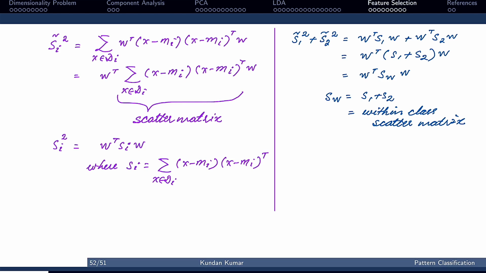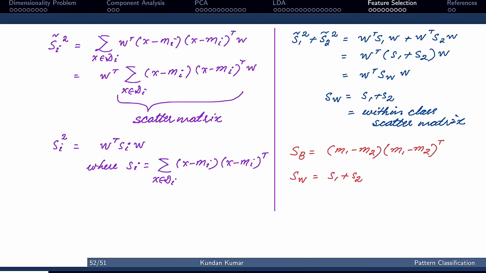So here we obtained two terms. First is SB, which is the between class scatter matrix, and which was (M1 minus M2)(M1 minus M2) transpose, and the other term we obtained is the scatter matrix S1 plus S2.